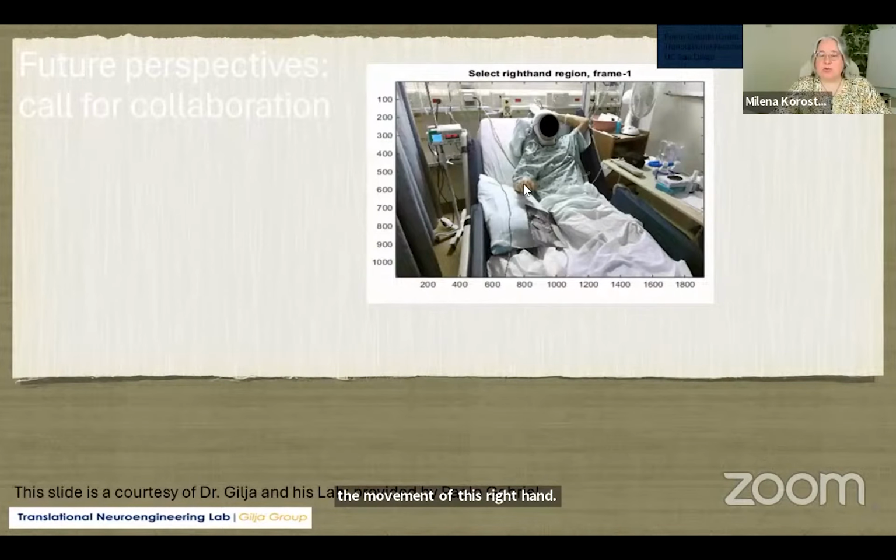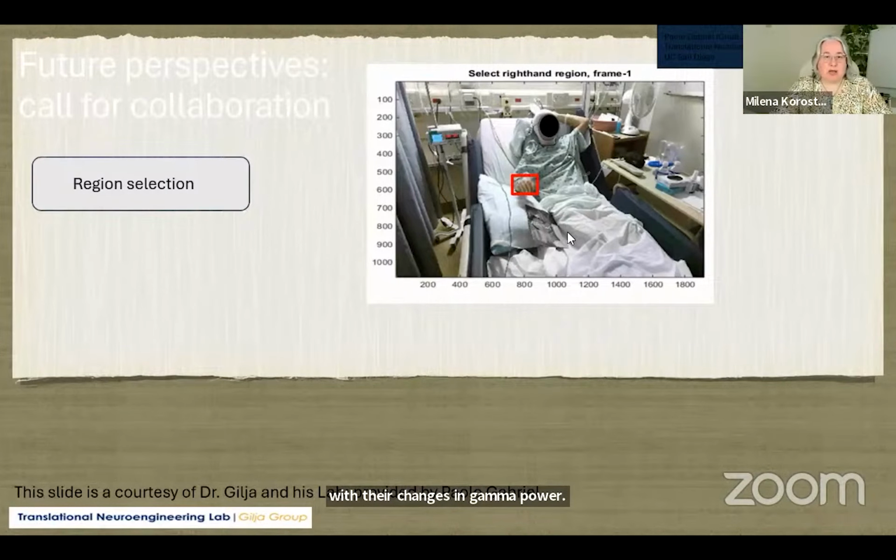So we will be looking at the correlation between the natural movement that occurs during the patient's normal activity during the day, and then correlating this with the changes in gamma power in the motor cortex.